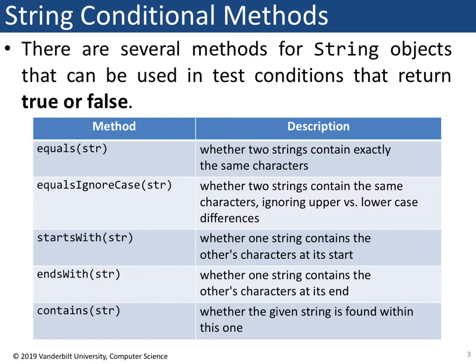If you want to compare two strings while ignoring case, there's a method for that as well. And there's also a method to check to see if the beginning portion of a string matches some parameter that you wish to pass.